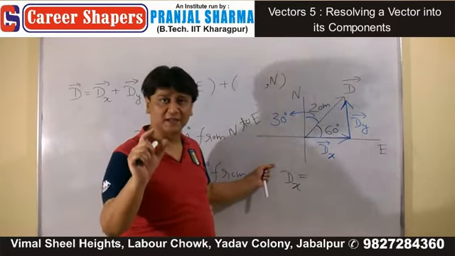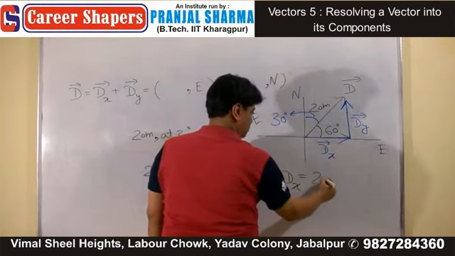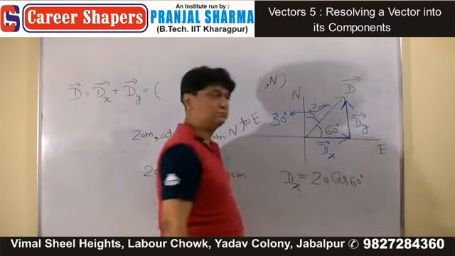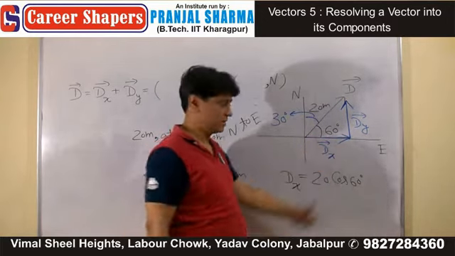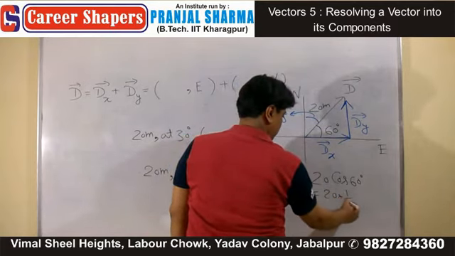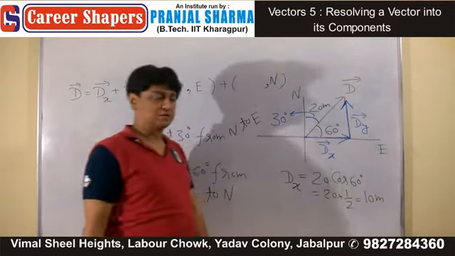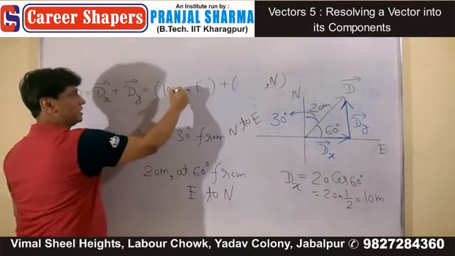Now I'm interested in the length, magnitude. Simply 20 cos 60. What is cos 60? 1 by 2, 10 meters. dx is coming 10 meters.